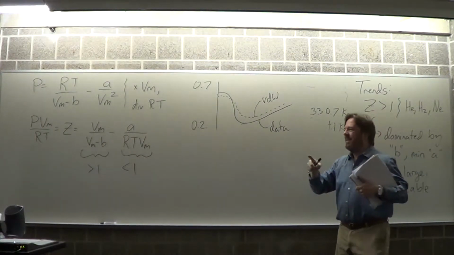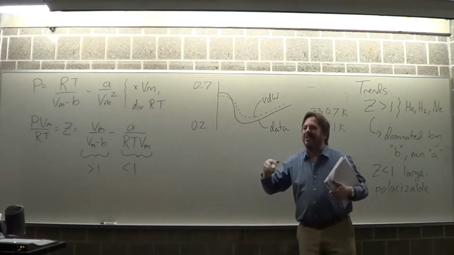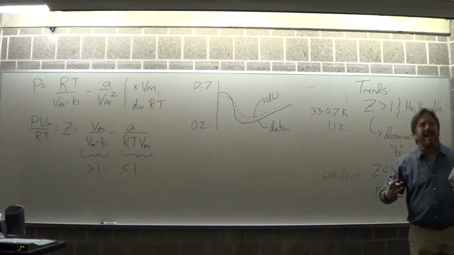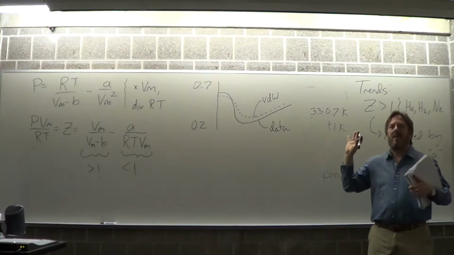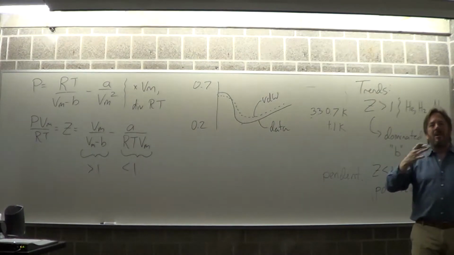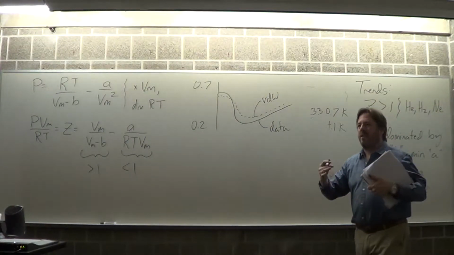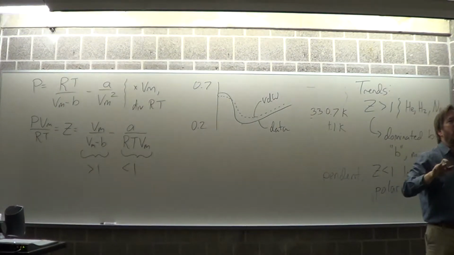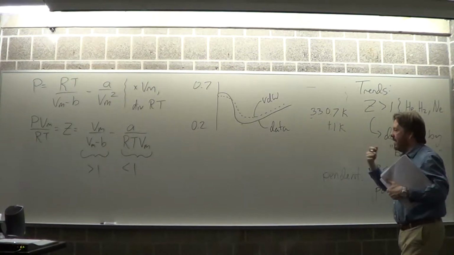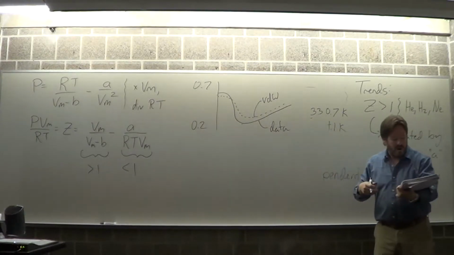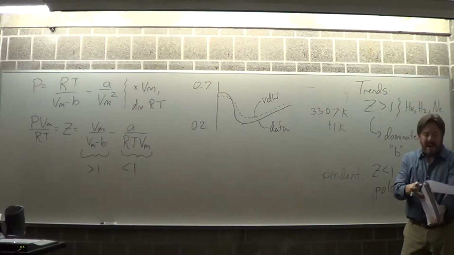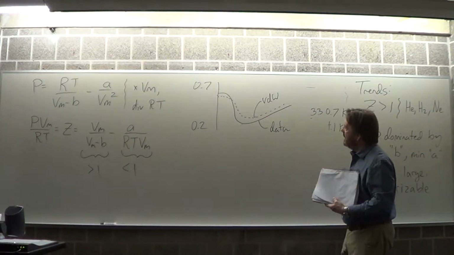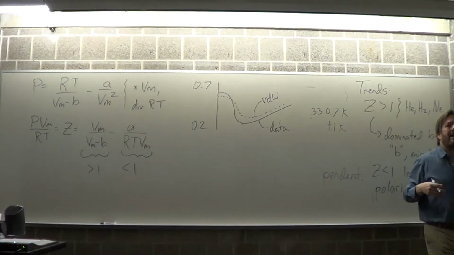And I showed that the van der Waals did a really good job fitting that one. But when it came to hydrogen and helium, which again are oddballs and very difficult to fit, I don't show you the results from the van der Waals because it was terrible. It didn't fit at all, and I thought it was just confusing. So at that point, I used the residual equation. So anyway, this stuff doesn't fit as well as we would like, and that's really all I've got to say about that.